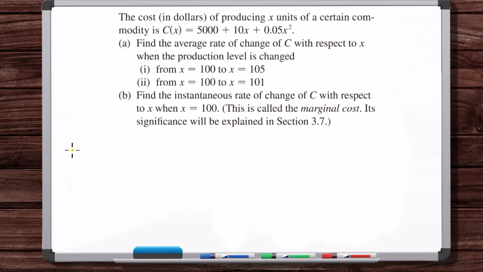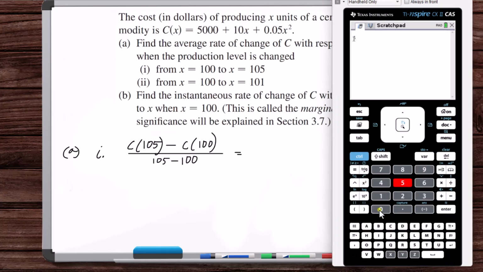So average rate of change. What that means is we want the difference quotient, right? So for part 1, you've got C of 105 minus C of 100 over 105 minus 100. We've got 5,000 plus 10 times X plus 0.05 times X squared.